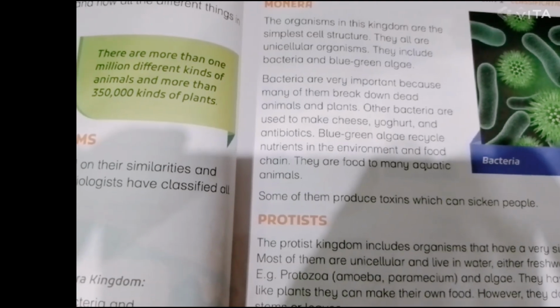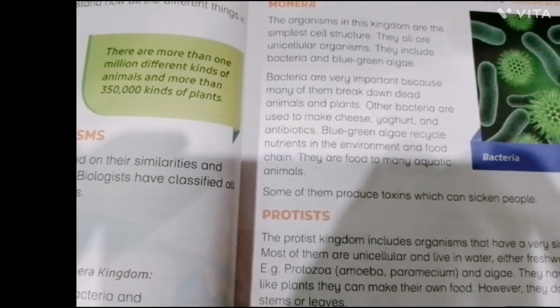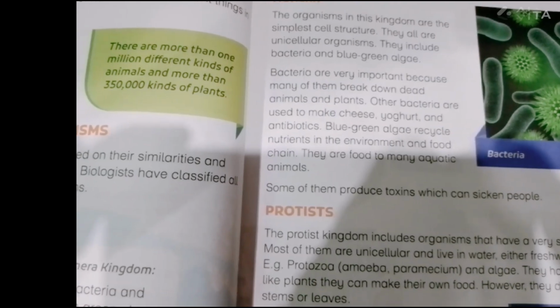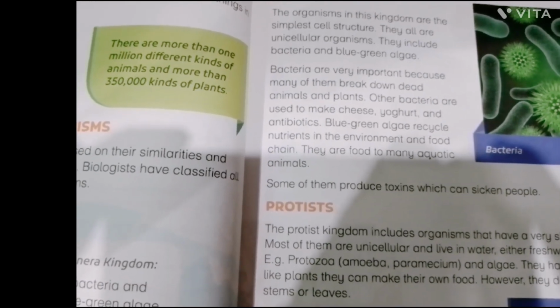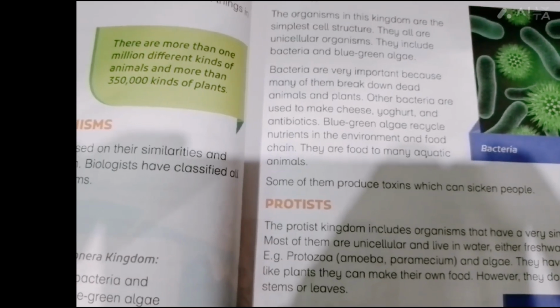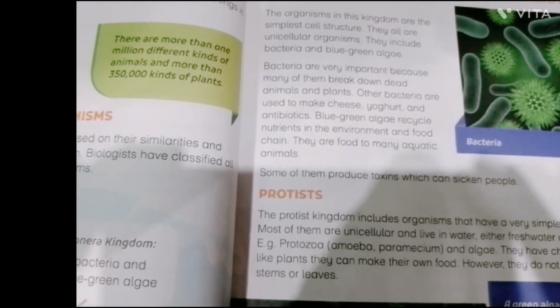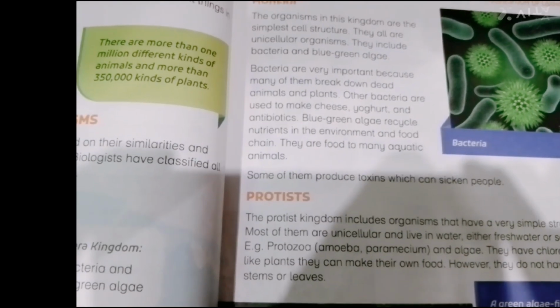Other bacteria are used to make cheese, yogurt, and antibiotics. Blue-green algae recycle nutrients in the environment and the food chain. They are food for many aquatic animals. Some of them produce toxins that can make people sick.